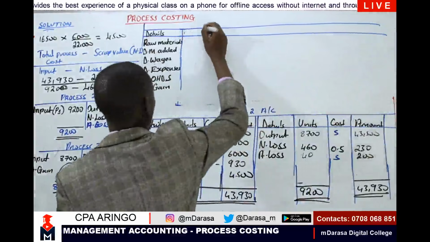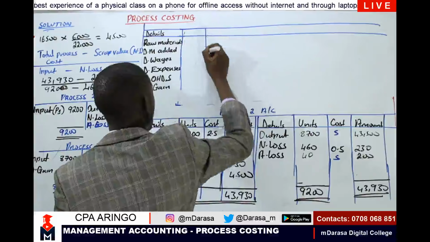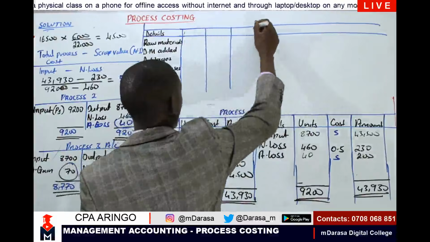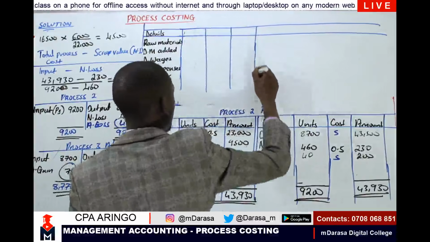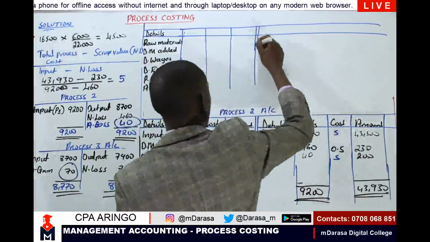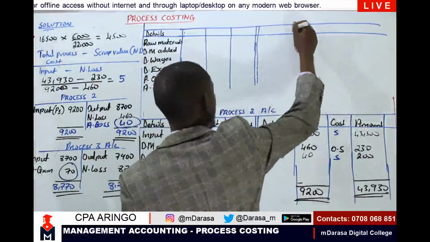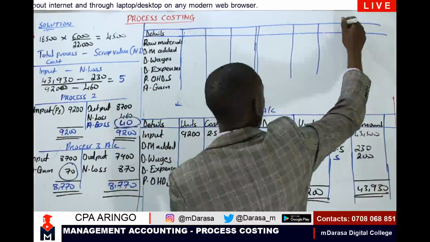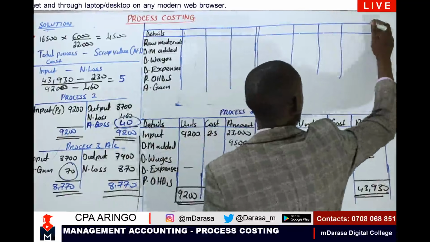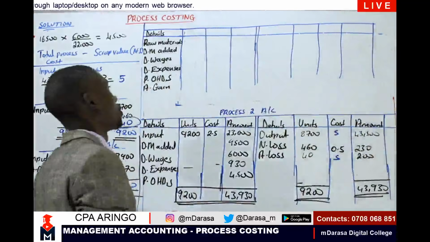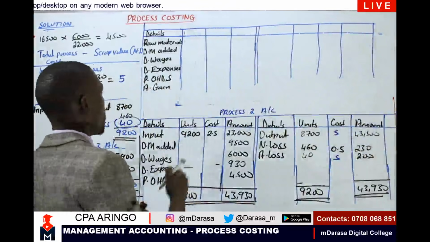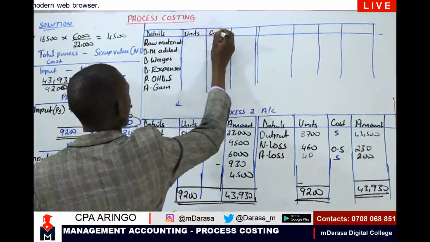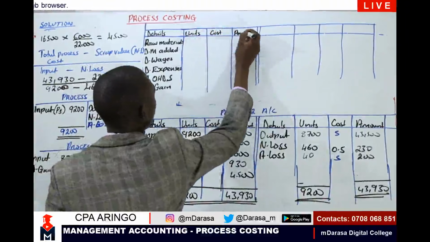So talk of our units here, talk of our cost here, talk of our amount here. So details, units, cost, amount, units, cost, amount. So the same details: our units, our cost, our amount here.